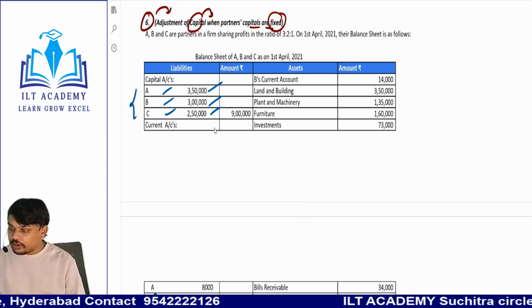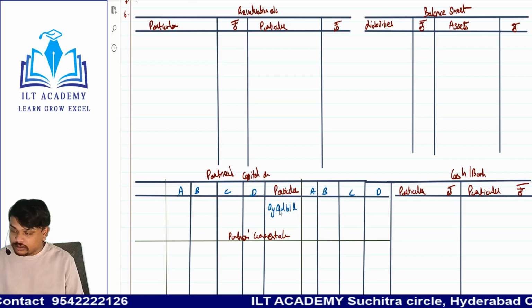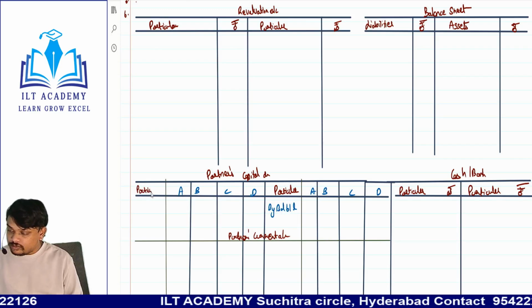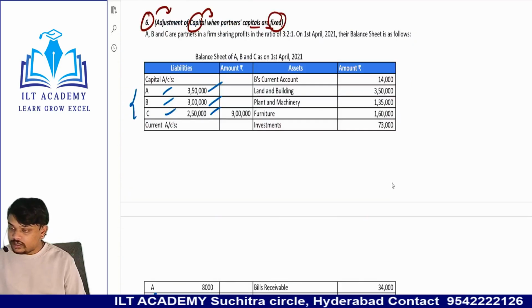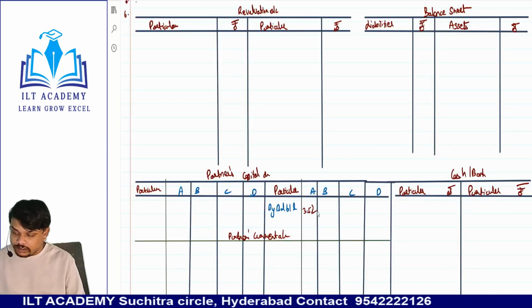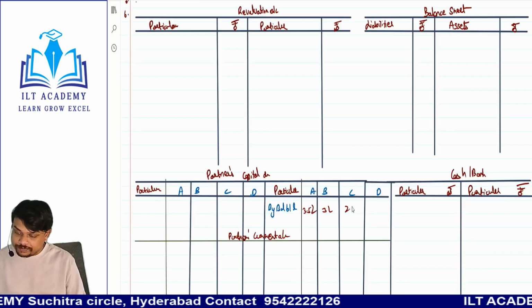Now note down the capital account balances by balance brought down. A's capital account balance is 3,50,000, B's 3 lakhs, C 2.5 lakhs.